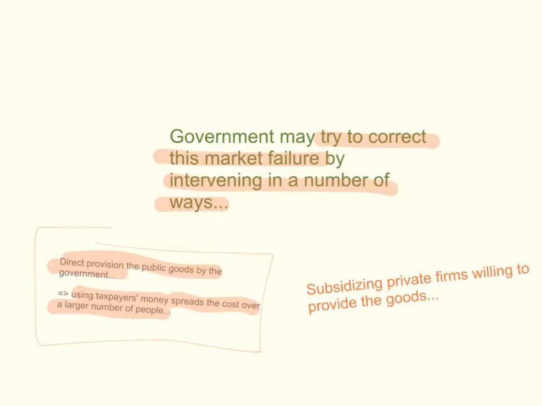However, the government can also subsidize private firms that are willing to provide the goods. That's another option that's become more popular nowadays. So the government can either directly provide the goods itself or subsidize private firms that are willing to provide the good. These are two ways that the government can try to correct this market failure.